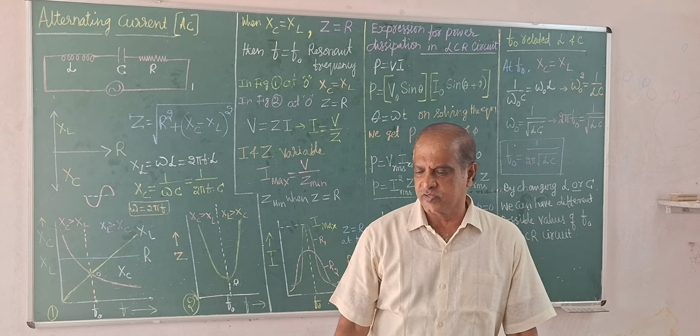To get it filtered out, you have to pass this AC signal to LCR, where it filters out all unwanted frequencies and permits only the frequency we are supposed to send through the antenna.